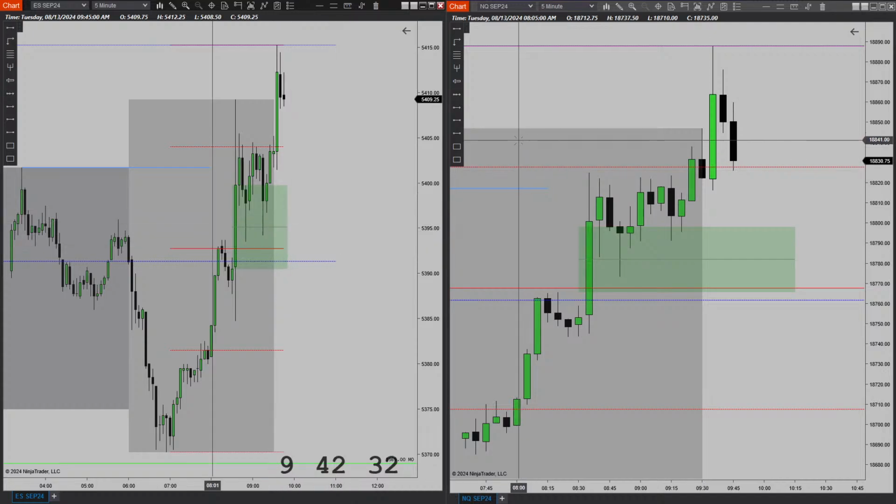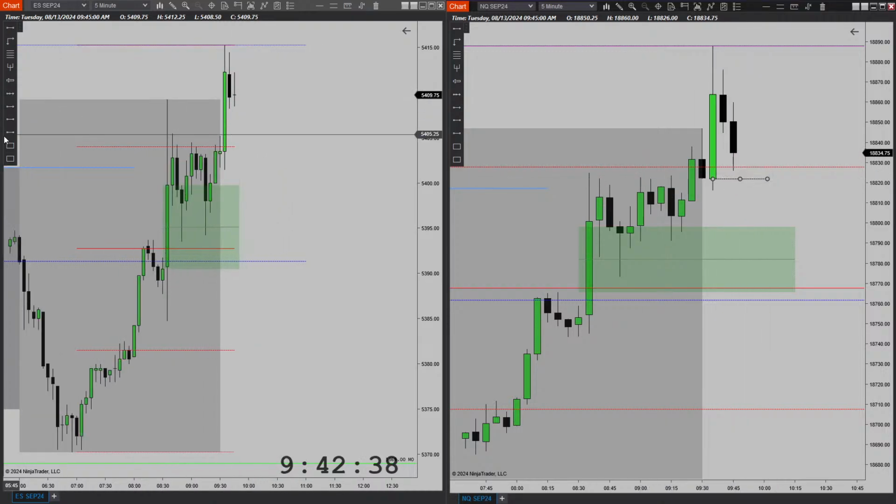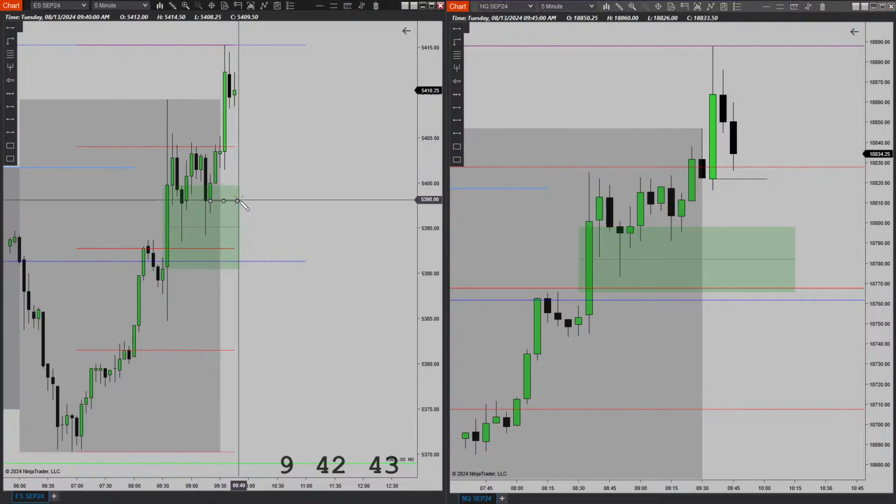If price closes below here, then we might start seeing some real indication. Nothing here, so just here.